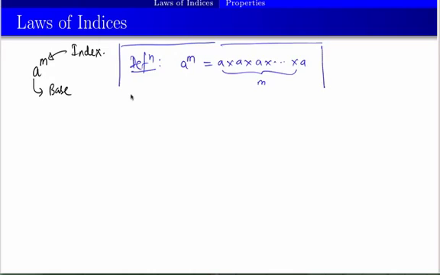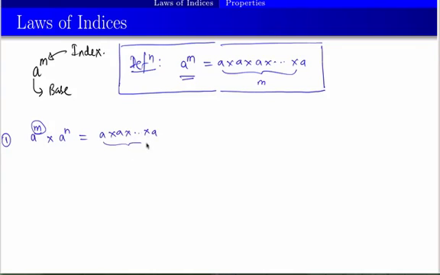As of now, I have a bag full of numbers of this kind, and I am trying to define what properties or operations I can define on them. If I have a raised to m and I multiply it with a raised to n, then typically I have m a's, which is a into and so on, multiplied by n a's, a into and so on.